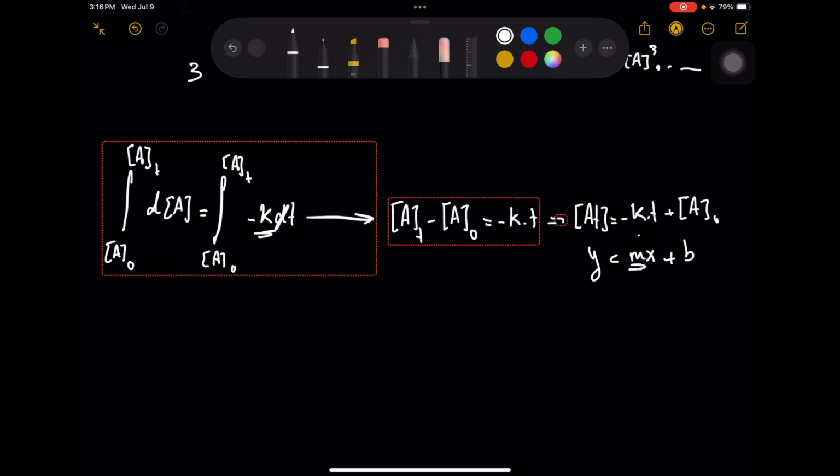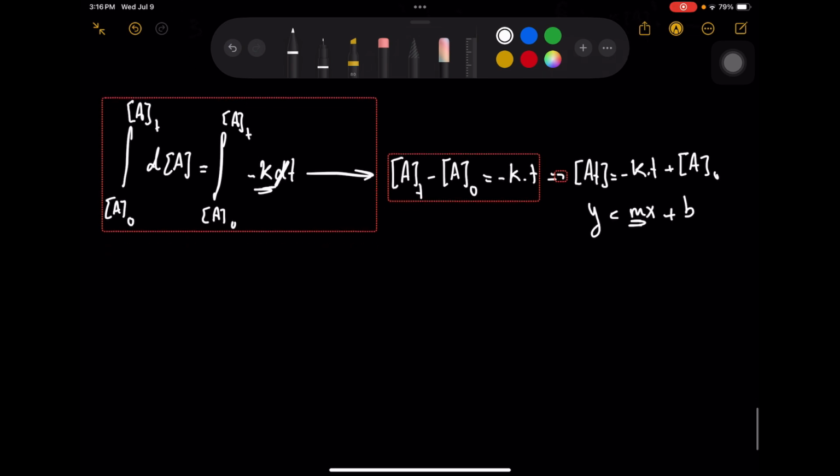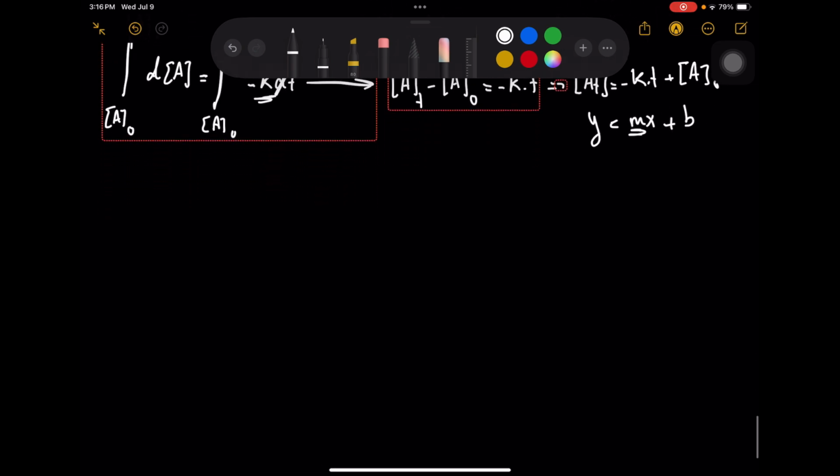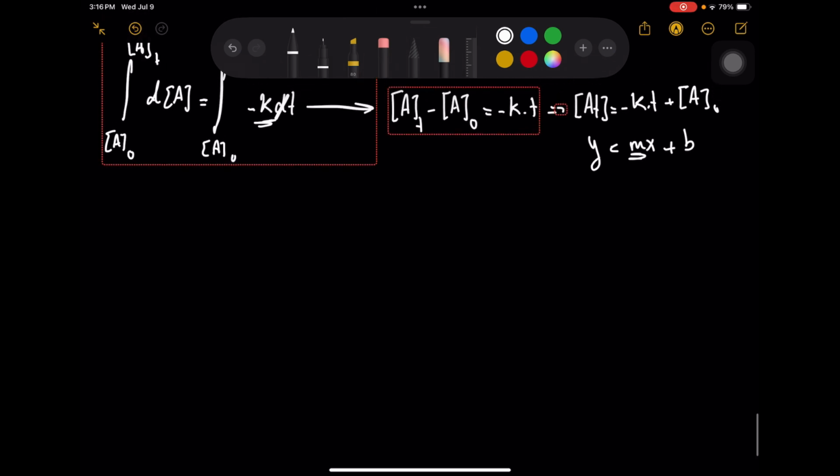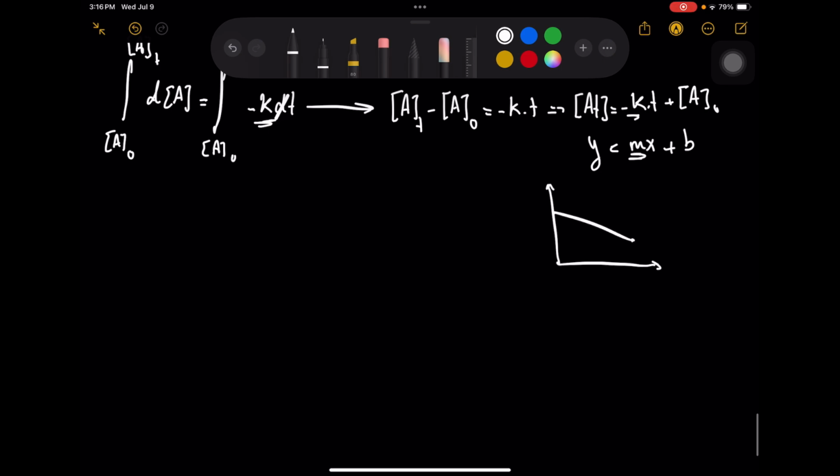So notice that negative k is the slope of our graph, b is the intercept, and x is our variable here. The k is negative, so the slope of a zero order reaction is negative k, delta y over delta x. This is our concentration, and the slope is negative k. Here is time, and this is our intercept, A0.